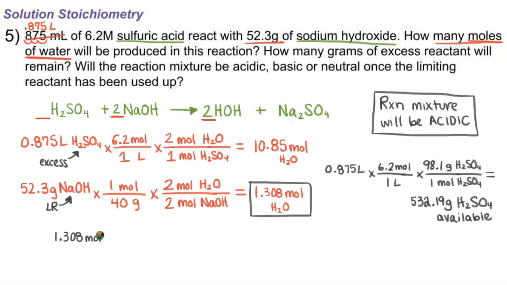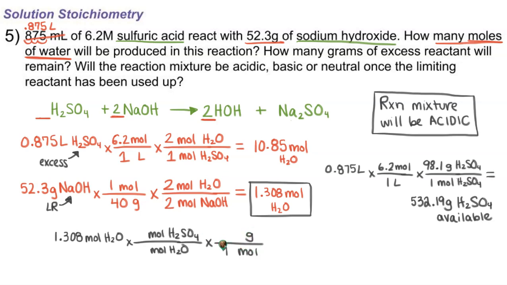I'll start here with moles of H2O, and I'm going to work backwards this time to figure out how many grams of H2SO4 were used up. So we'll go from moles of H2O to moles of H2SO4. And then we'll do one more step to go from moles of H2SO4 to grams of H2SO4.